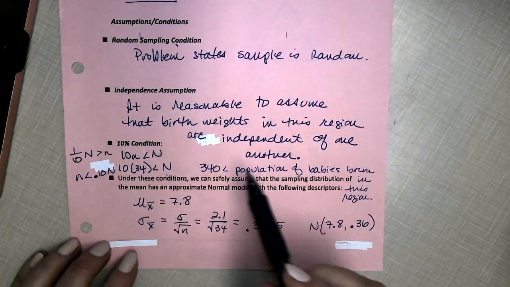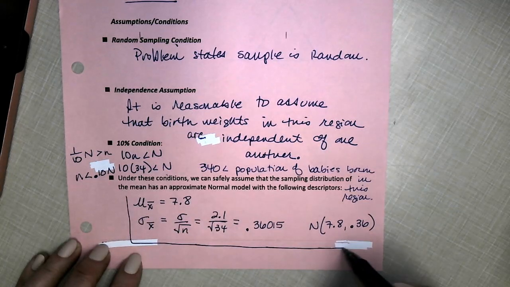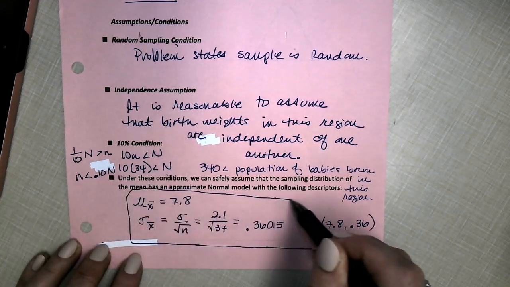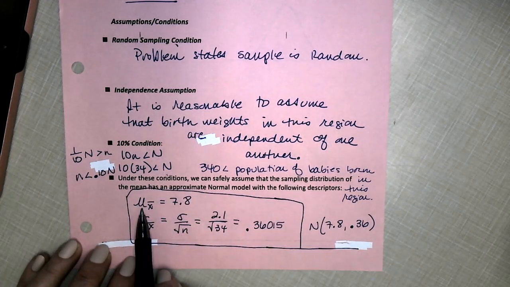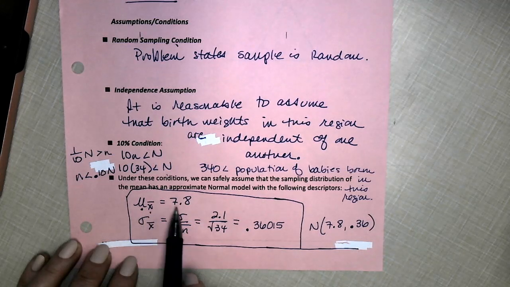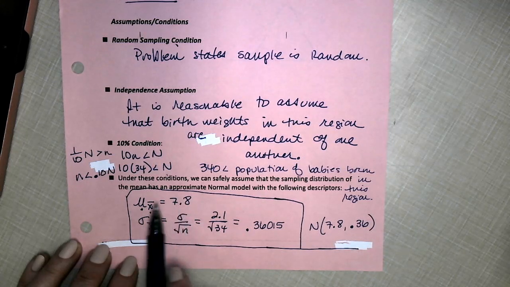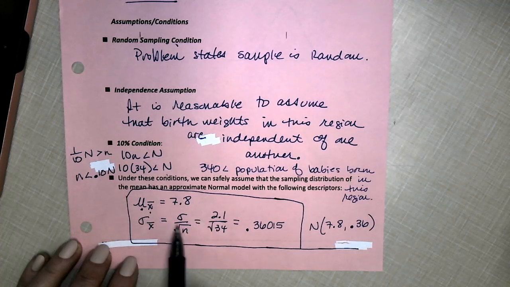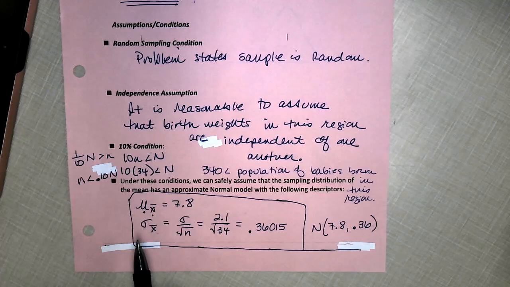Now, this is where you will have your formula sheet, okay? So we have the mean of X bar is 7.8, okay? And the standard deviation of a sample, you have to take the square root.